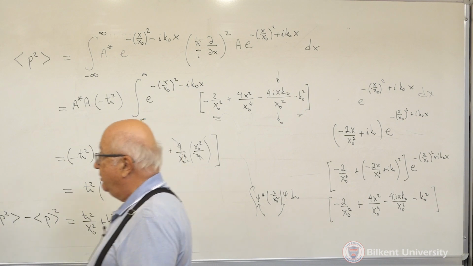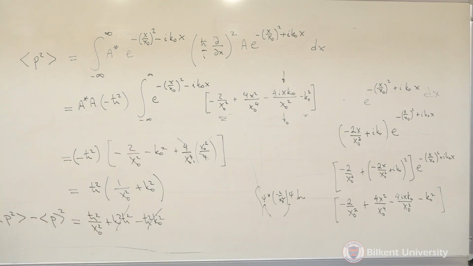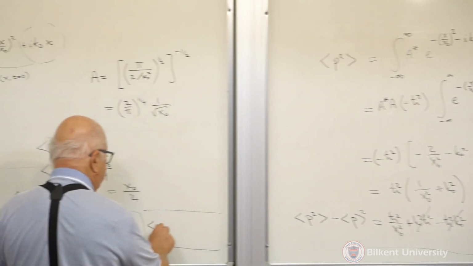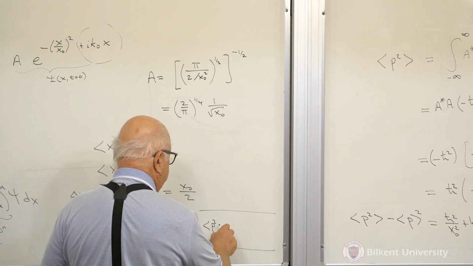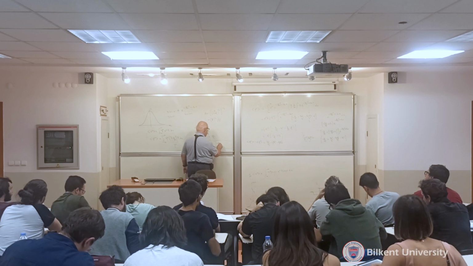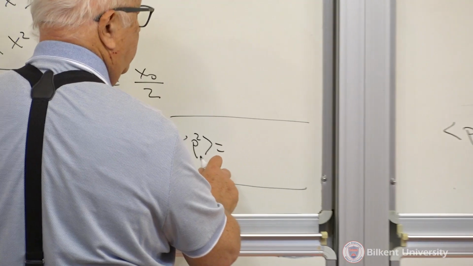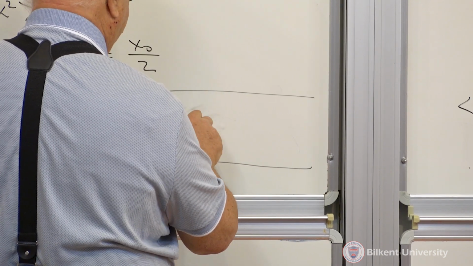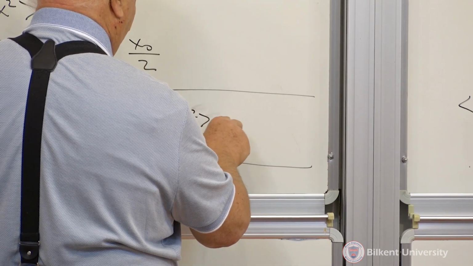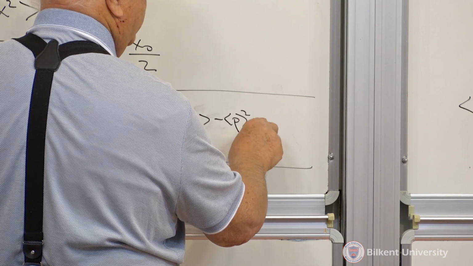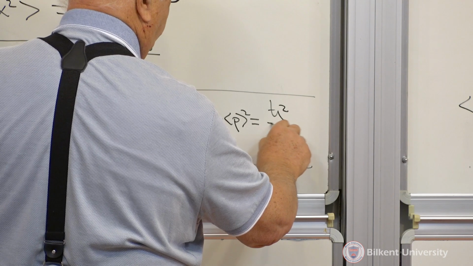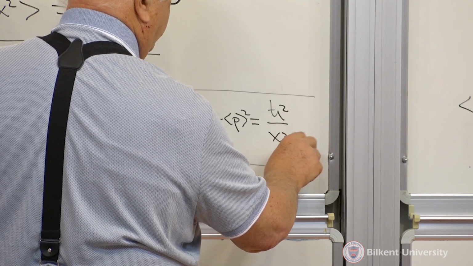Okay, so that means, so let me just go back here and squeeze them over here. So the average value of p squared is, well, okay, I'll just write the, let's see. P squared minus p squared is going to be h bar squared over x0 squared.